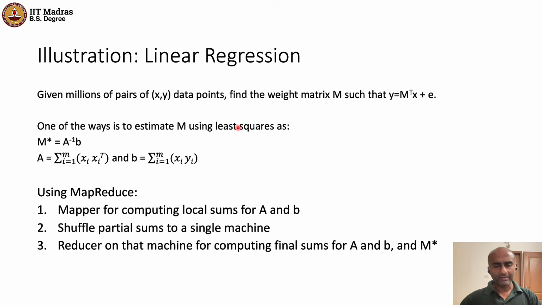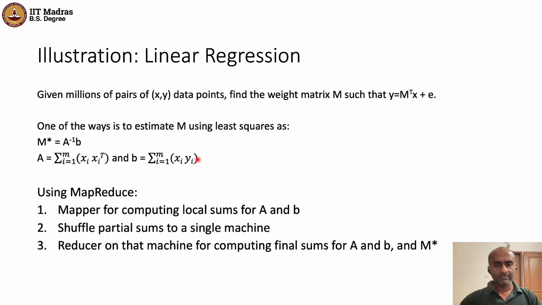So what is least squares itself comprised of? The best way to represent the matrix then is A inverse B, where A is basically the summation of the square of the input variable, the independent variables xi. Basically, you can just represent it as xi transpose, and you just sum it up over all of the elements, which is basically the square of the input vector.